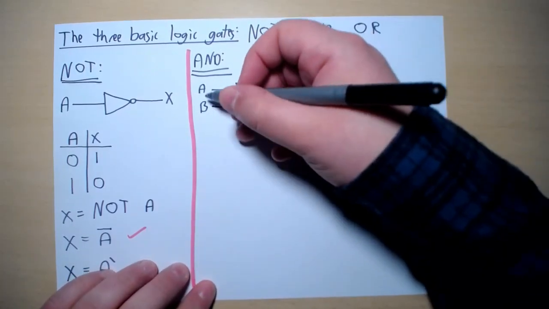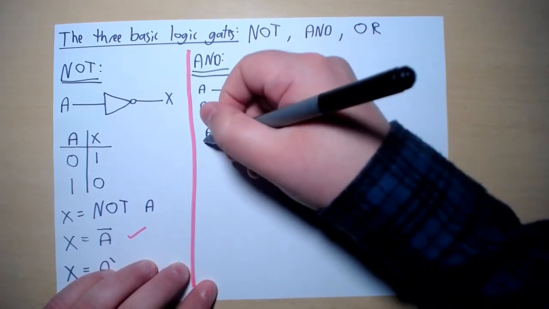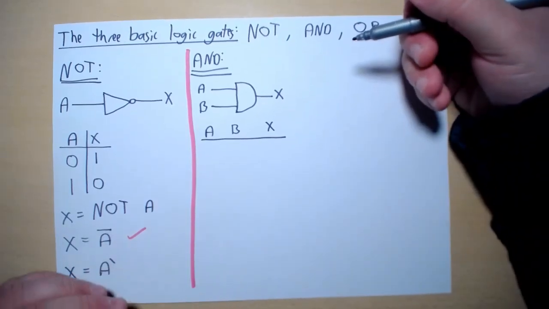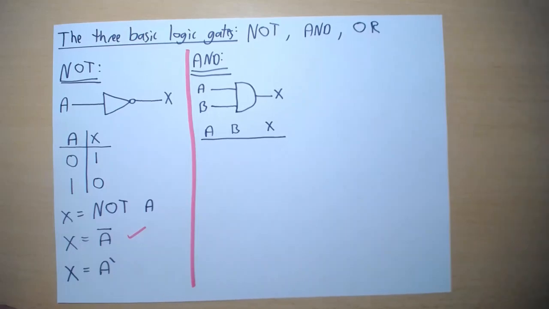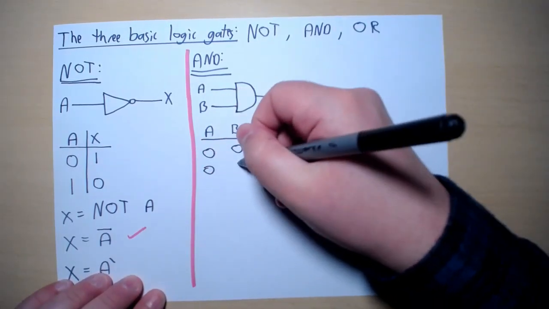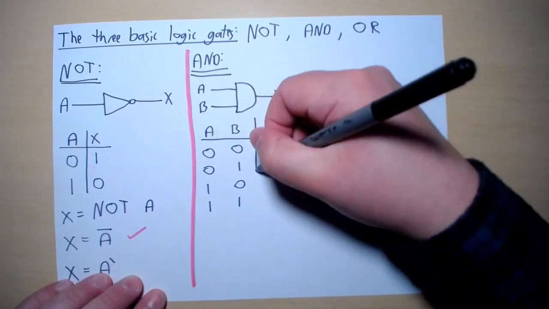Let's do the truth table. We have A and B as inputs and X is the output. When we have two inputs, it means we have four different input combinations, which are 0 0, 0 1, 1 0, and 1 1.